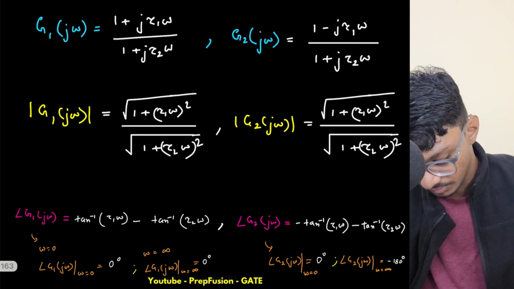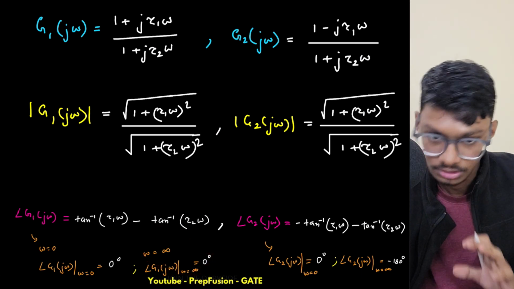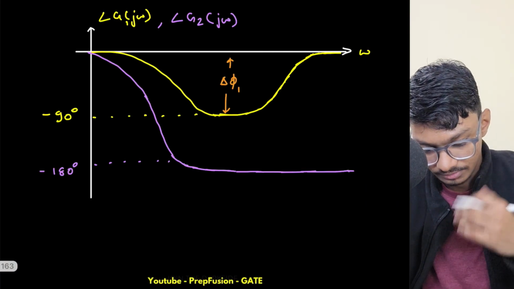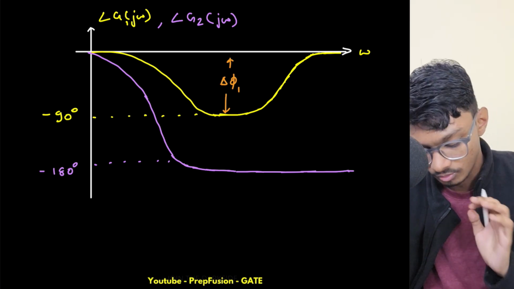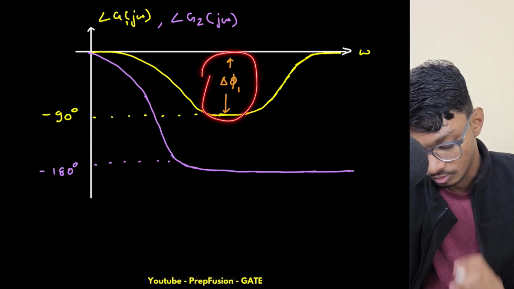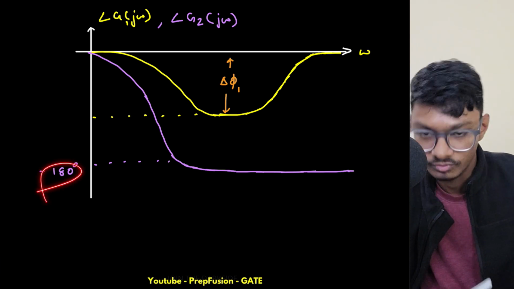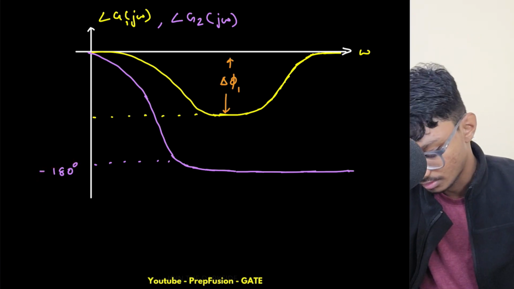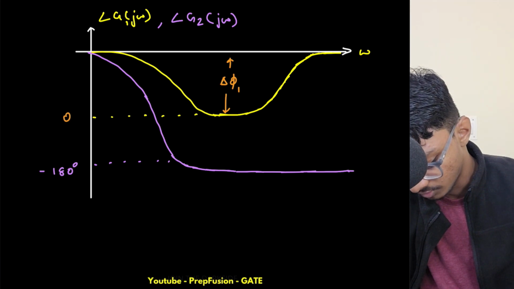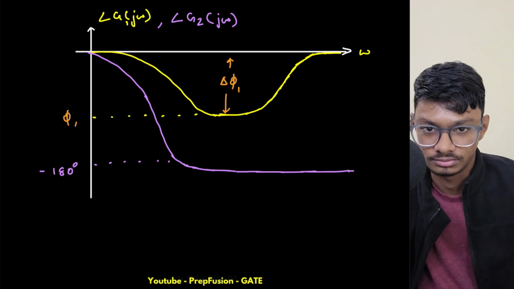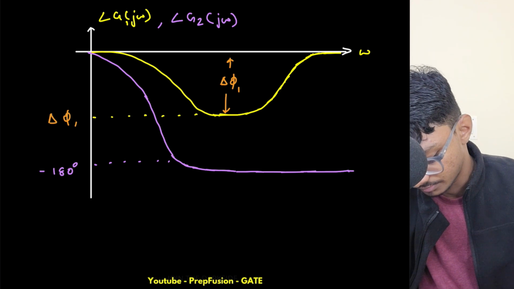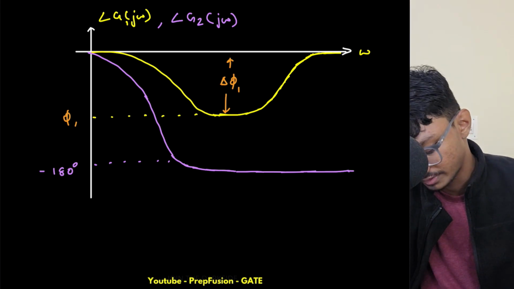Depending upon this you will understand. Obviously that will be something less than 90, I don't know exactly, but this is the max I can go. Obviously I won't ever be able to reach 180. So I don't know what this value will be. Let's name this as phi 1 anyways.